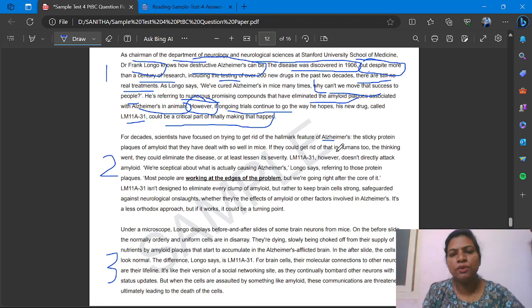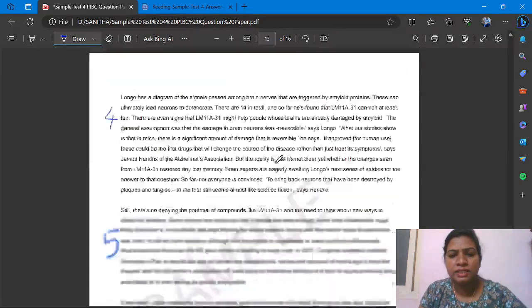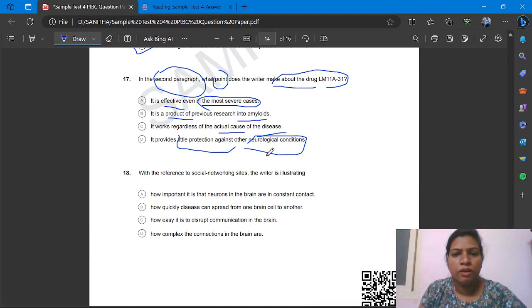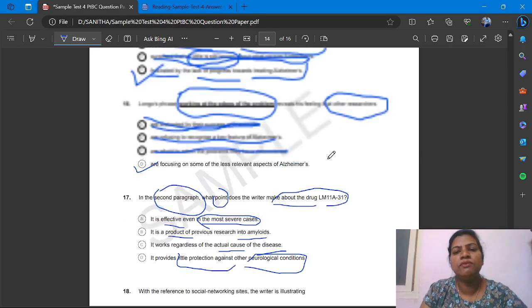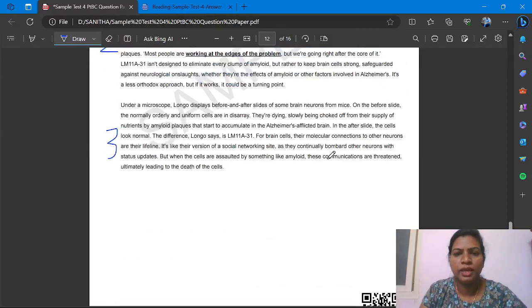If they could get rid of that in humans too, the thinking went, they could eliminate the disease or at least lessen its severity. See, we have to find out the answer. What is the question? What point does the writer make about drug LM11A31? That is the question.